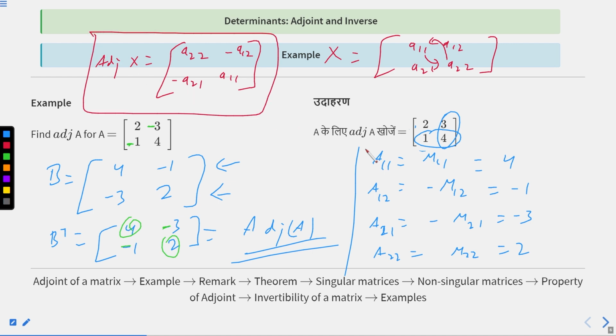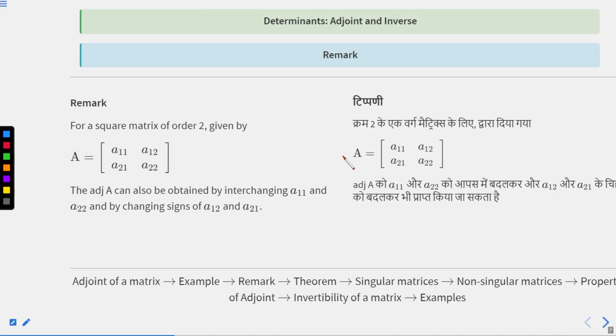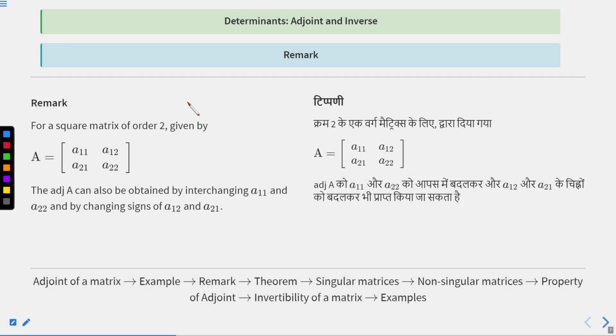You do not need any extra calculations. Remember this point in case of 2 cross 2.